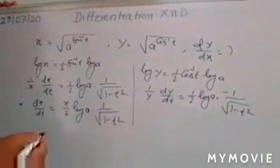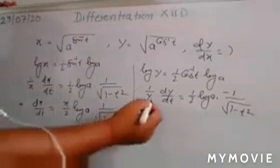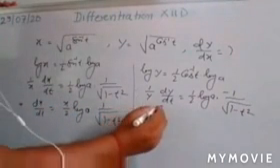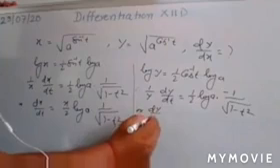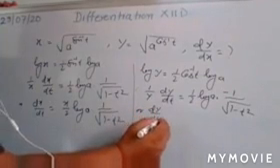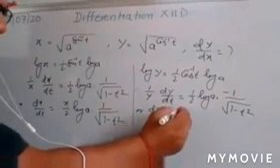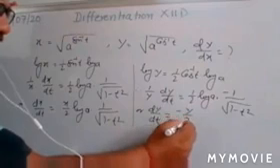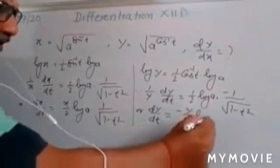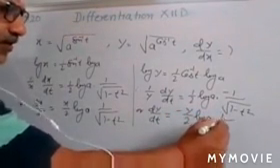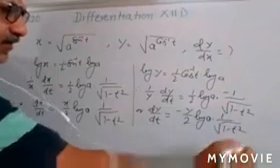From that you find the value of dy by dt, which is minus y upon 2 log of a into 1 upon under root 1 minus t square.